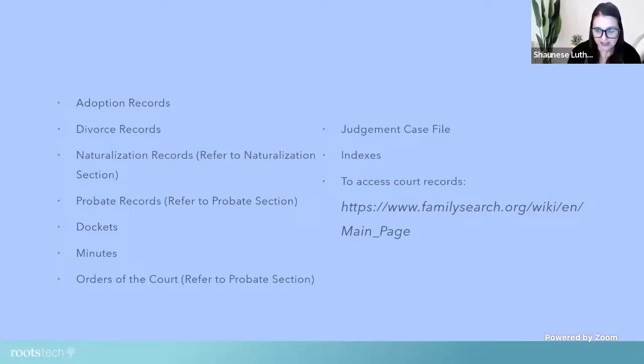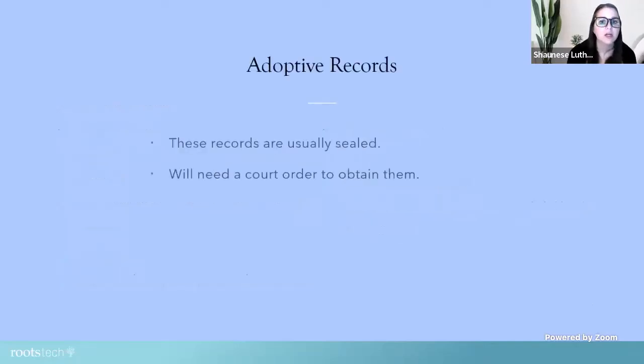You can access these on FamilySearch Wiki to see where it's at. If you know the courthouse, you can contact the courthouse to get more information. Court records are for public notice, except for adoption records. Adoption records are usually sealed, and you would need a court order to obtain them.